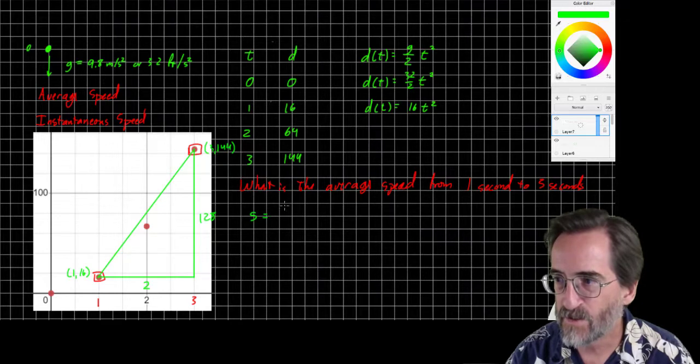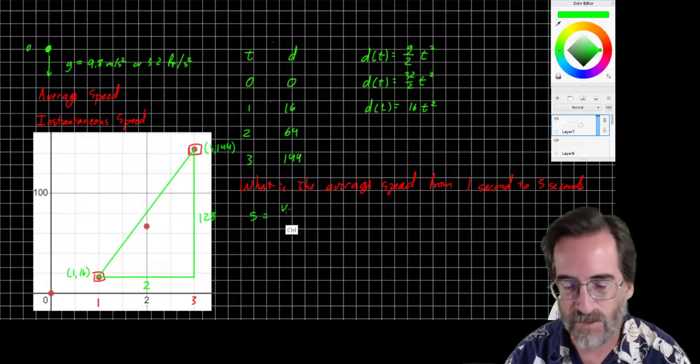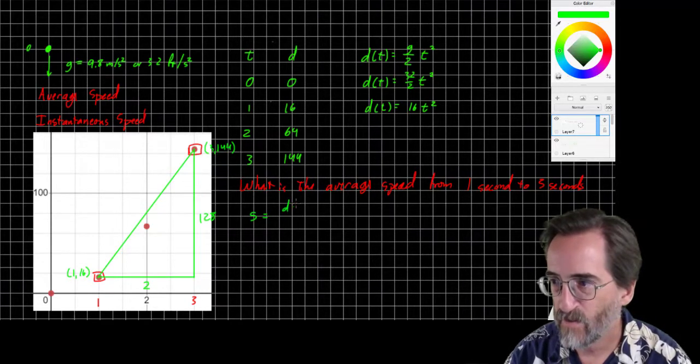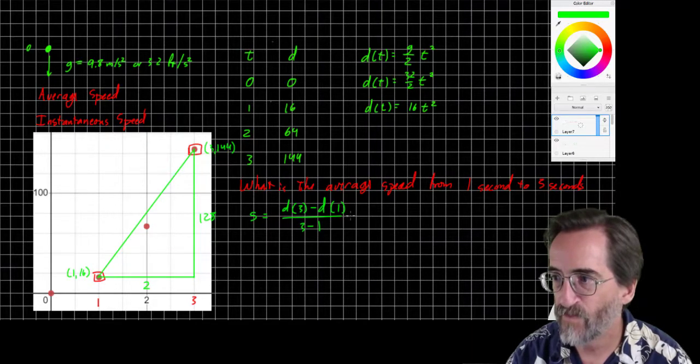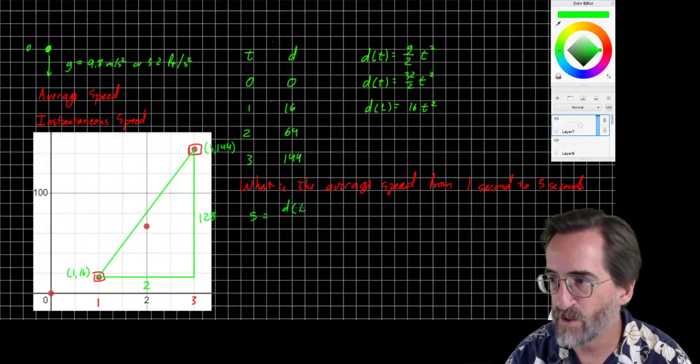It's v, or distance, position, distance at 3 minus the displacement at 1, divided by 3 minus 1, right? Or we can call it, here's the formula in more general detail, d of T2 minus d of T1 divided by T2 minus T1.